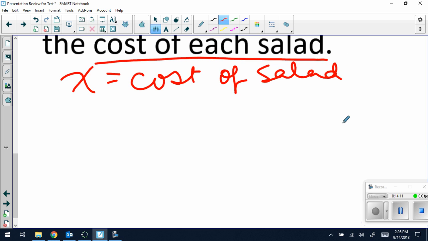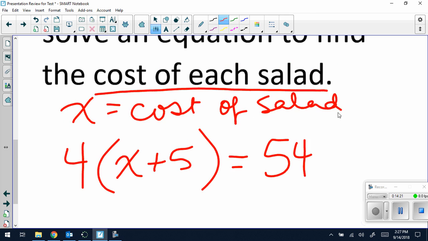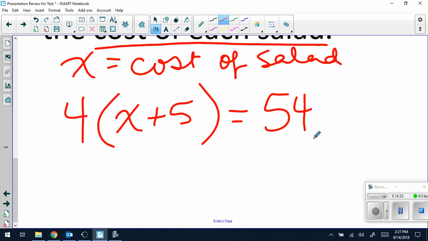So here's my equation. Each time she went, she bought a salad and left a $5 tip. She did that 4 times, and it cost $54. See what I did there? So each time she went, this is each time, times the 4 times gives us our total amount. And then we just need to solve.